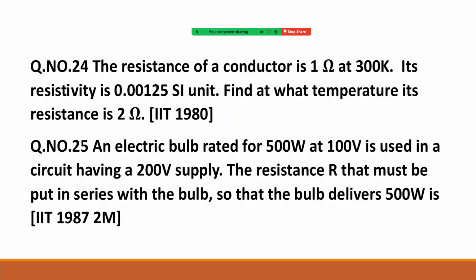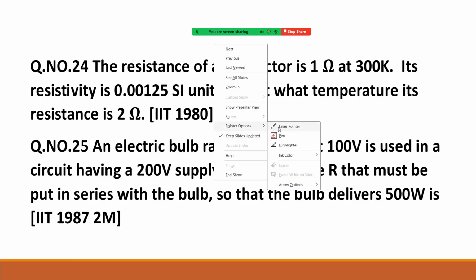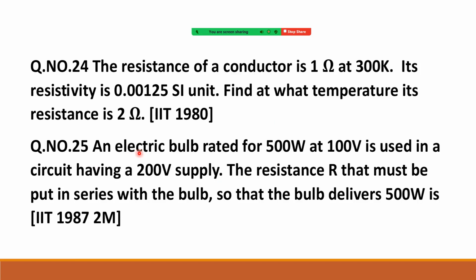See next one. An electric bulb rated for 500 watt at 100 volt is used in a circuit having a 200 volt supply.